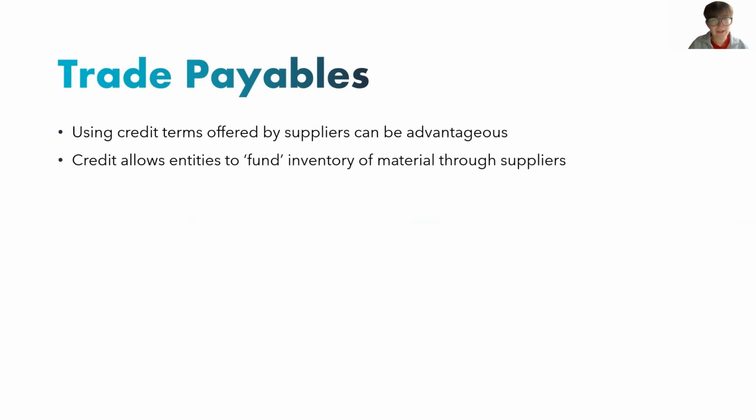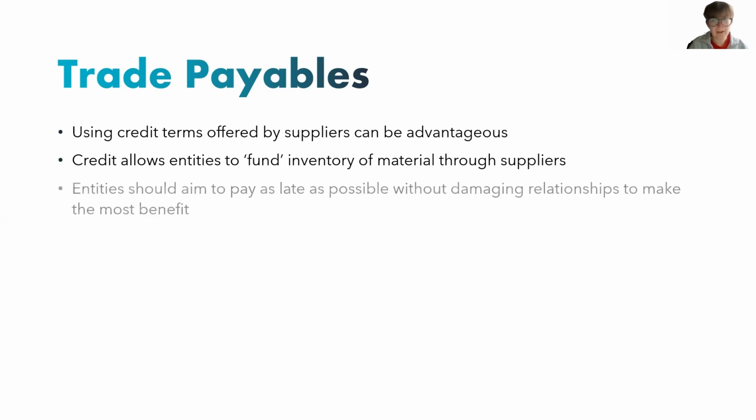By having this credit, it allows entities to fund inventory of material through suppliers. Entities should aim to leave payment as late as they possibly can without damaging any relationships. This would bring about the most benefit.